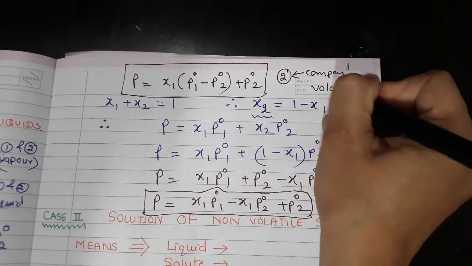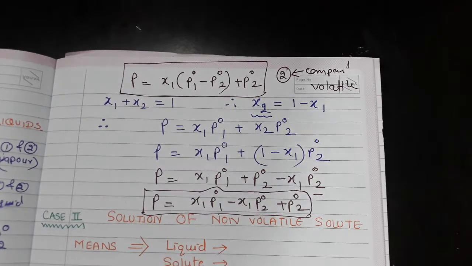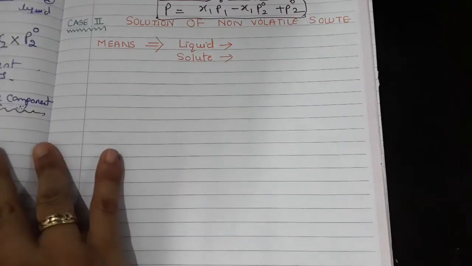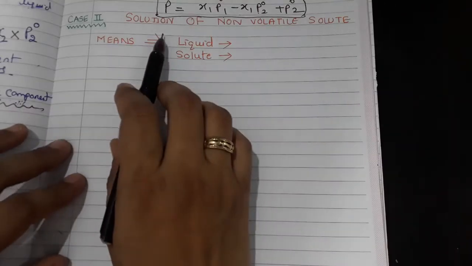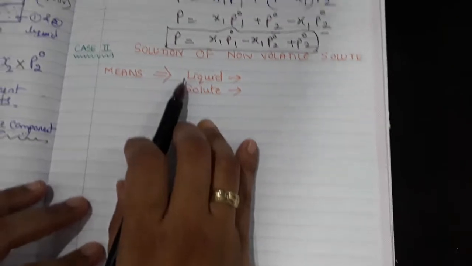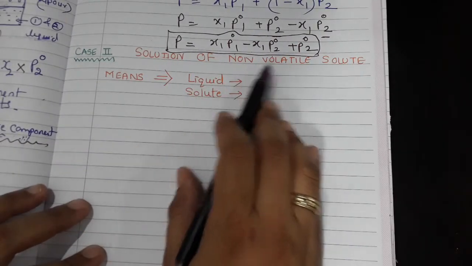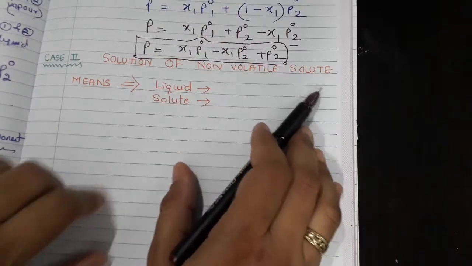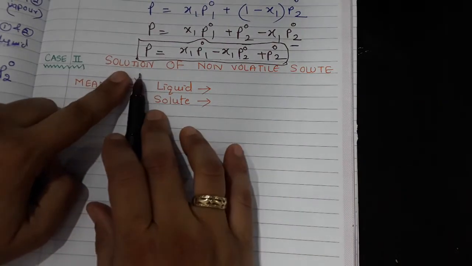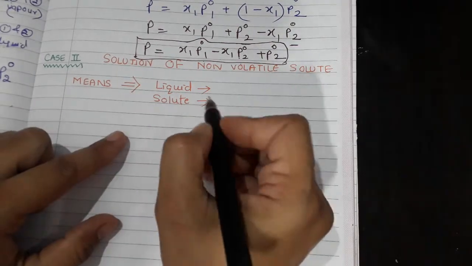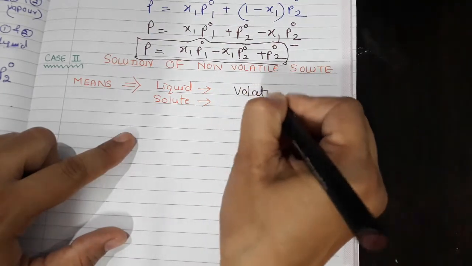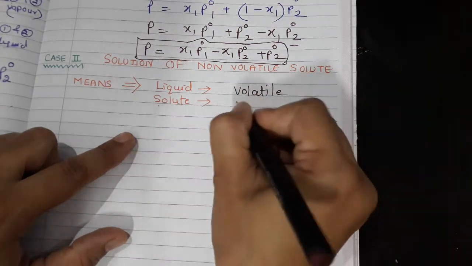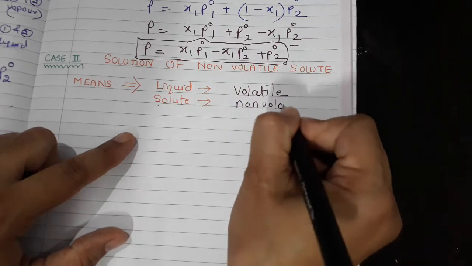are volatile. Now we are going to quickly derive one expression for a solution in which one of the components is non-volatile. So pay attention. A solution is there in which we have a liquid which is volatile, and this is the second case, a solute which is non-volatile.